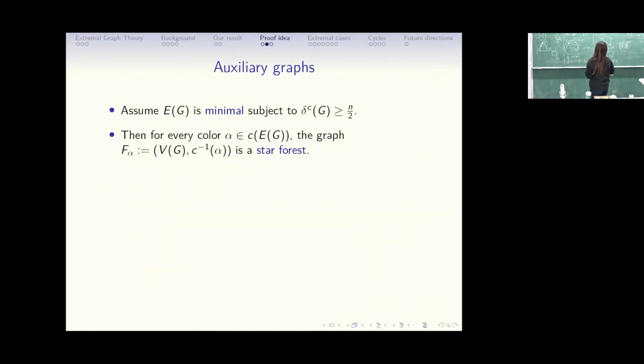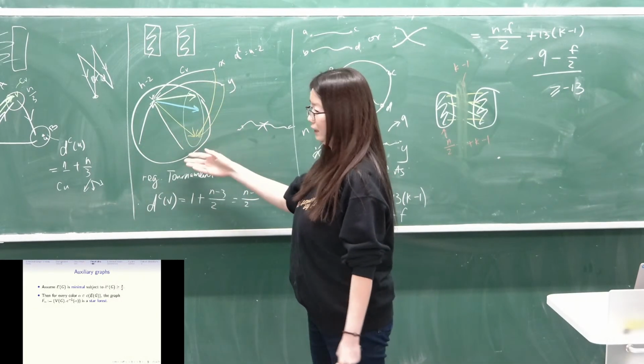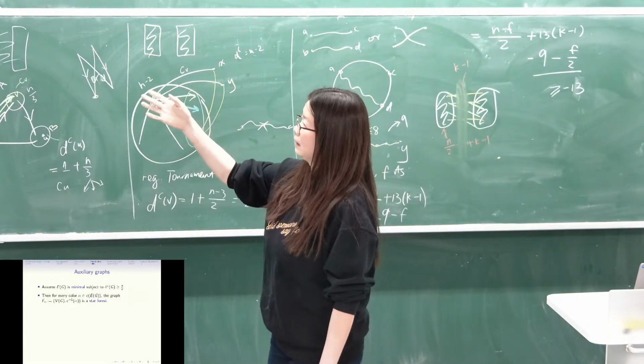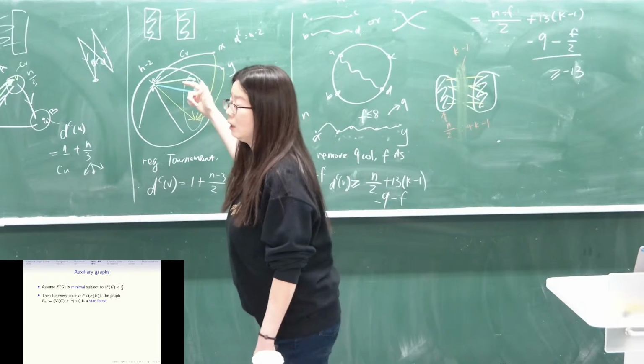So now, how do I construct the auxiliary graph? Firstly, recall that starting from a directed graph, we can give it an edge coloring using this idea. So to construct this auxiliary graph, we pretty much just go backwards.